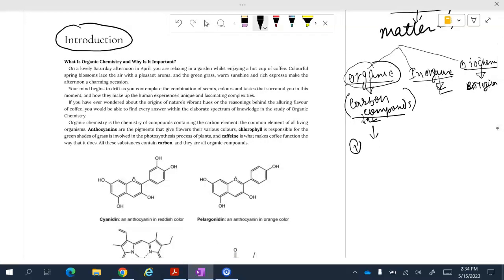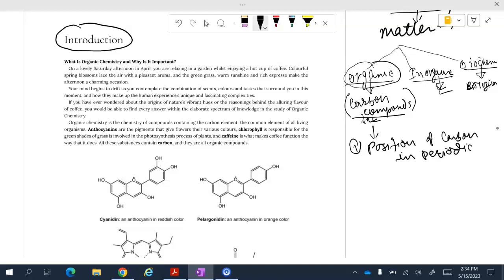One characteristic is its position in the periodic table. We are trying to discuss why the chemistry of carbon is such a vast course, right? So first is the position of carbon in the periodic table.